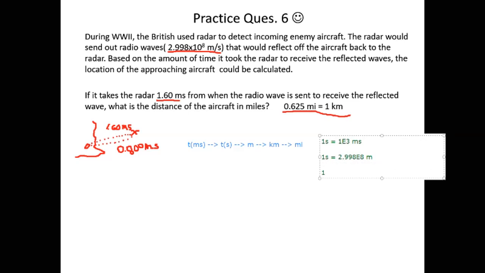We know that 1 kilometer is 1,000 meters, and we know that 1 kilometer is 0.625 miles. So these are the conversion factors. Some we knew, some we had to get from the problem. So now let me set up my train tracks.